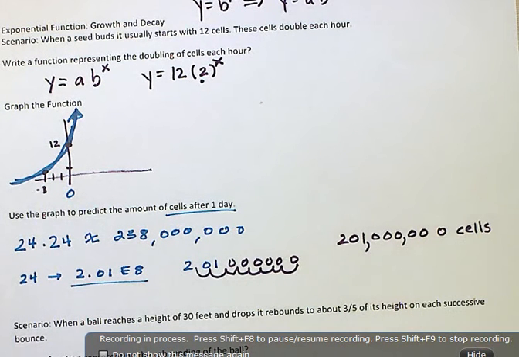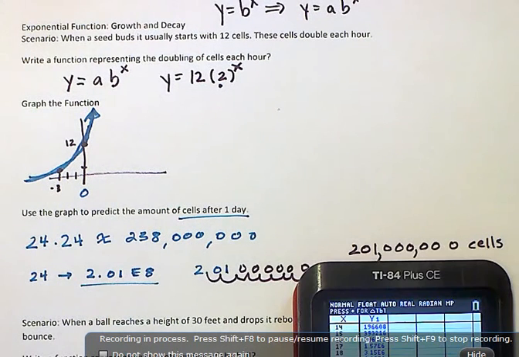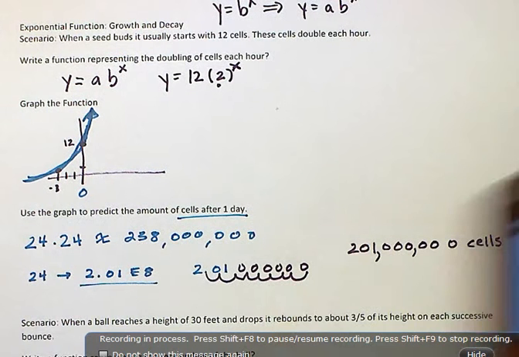Okay. Now another thing you can take a look at while you're doing this, which was shown by a student, is second calc, right? And you have your value. You can calculate when x is 24, and they'll show you actually the full number here on the graph, because on the table it's showing you the 201 million.